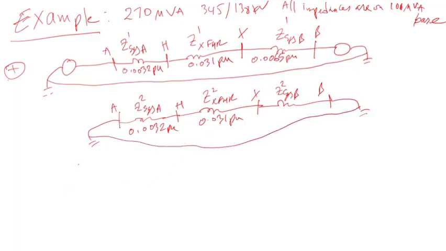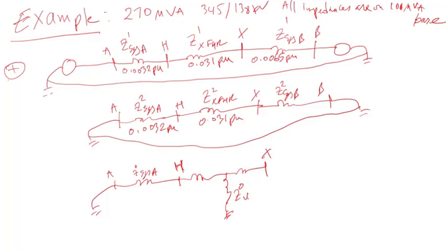So then I can draw the zero sequence impedance. But for the zero sequence impedance, I'm going to draw the T model. I did not draw the T model for the positive sequence and negative sequence impedance, but I have to draw it for zero sequence impedance.